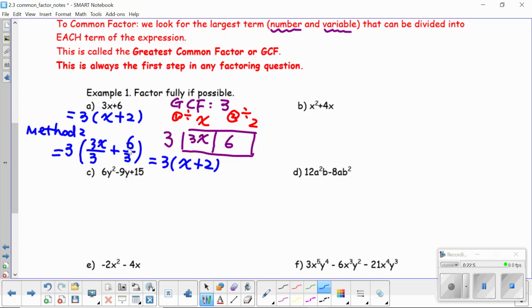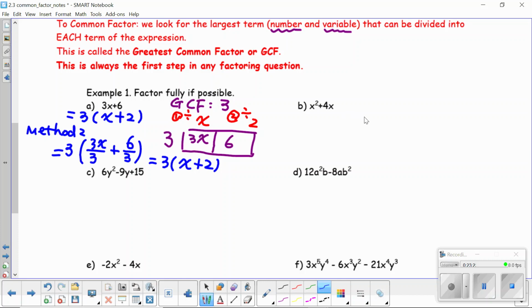Then you simplify, do the division, and then you have the terms in the bracket. This is factored form. This we call common factor. So you have one side that is 1 term, and another side with more than 1 term. So a monomial times 2 terms or 3 terms, this one we call common factoring.